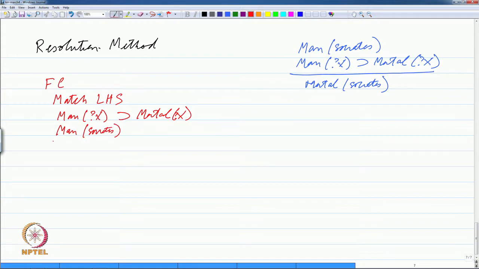So, you unify this and you produce and infer mortal Socrates.